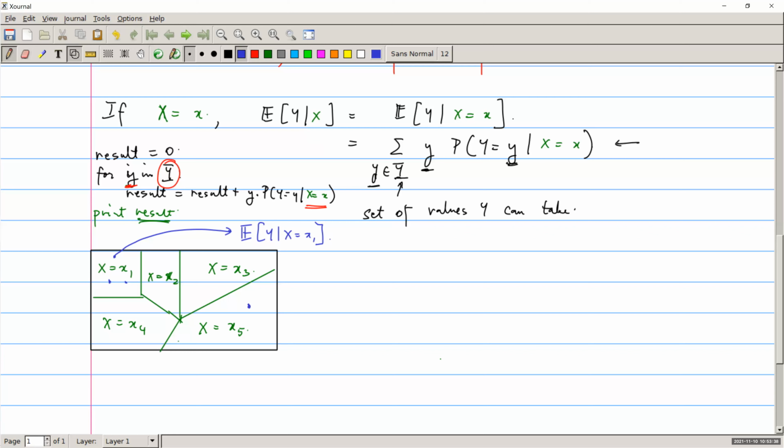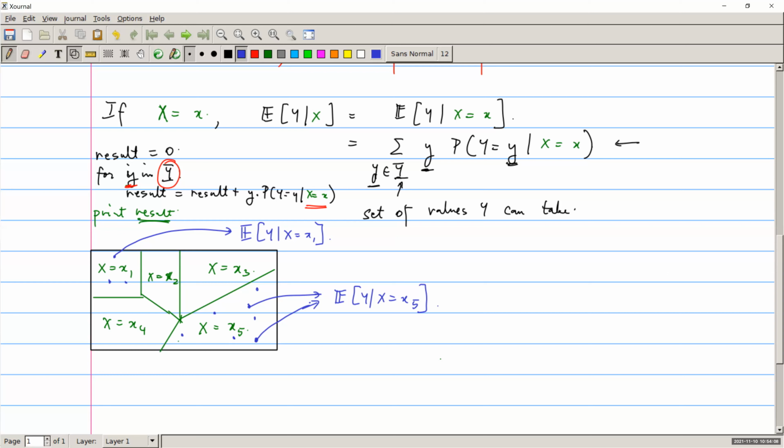Every outcome here is mapped to the number expectation of Y given X equals little x5, and so on. It maps every point in the event X equals x5 to the same number, the expectation of Y given X equals little x5. Does that help?